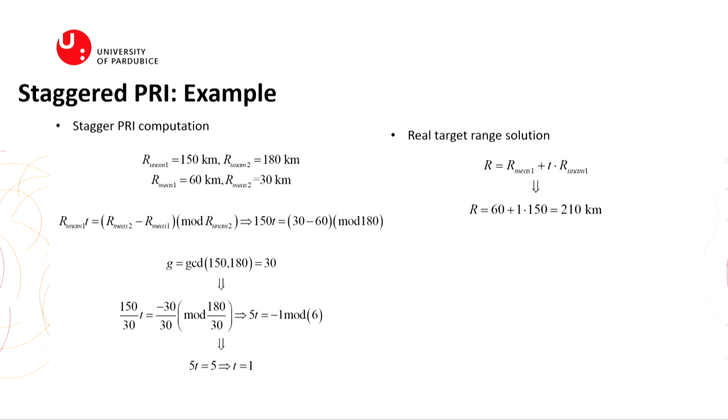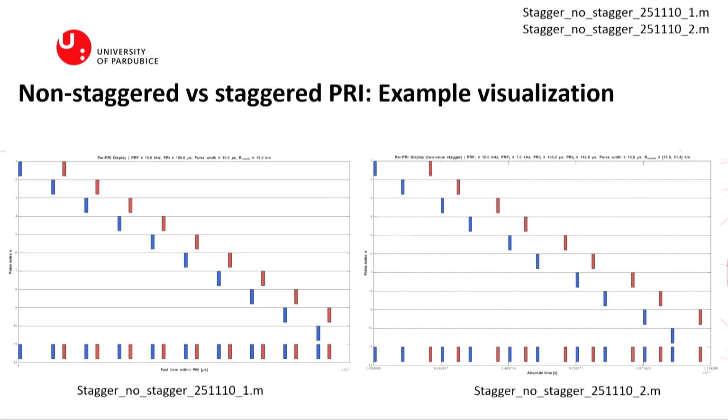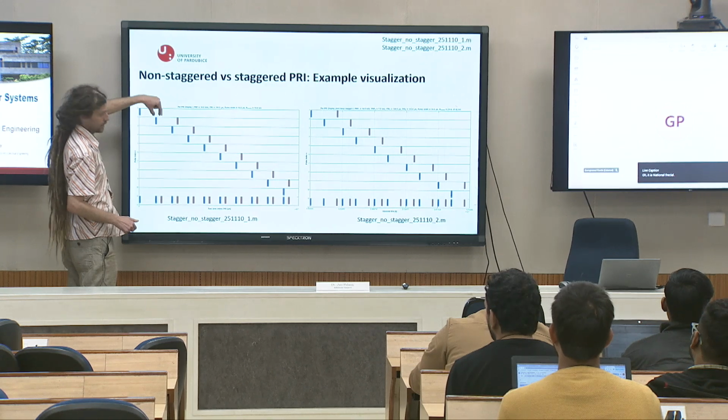ambiguity in range resolution. You can see it is easy, but I wanted to put in this example because you can easily follow. This is an example of how it looks in reality, because I always show you first PRI, first pulse reflection, first pulse reflection, and you can see that this is 210, but radar tells me 60.